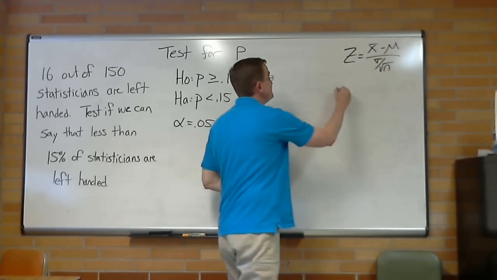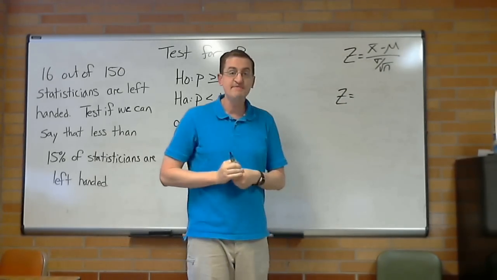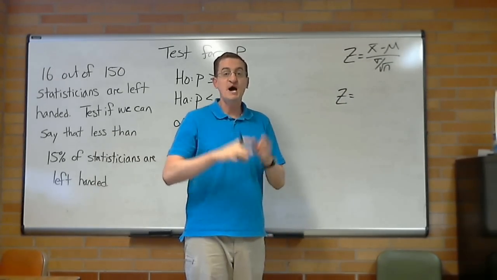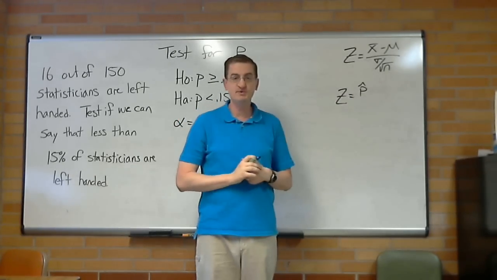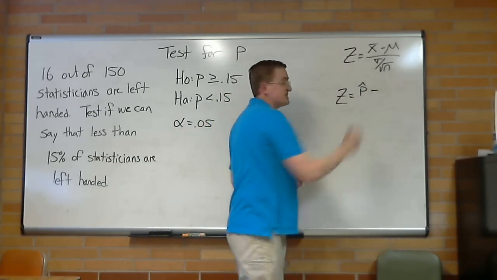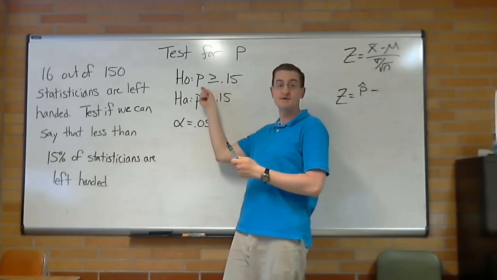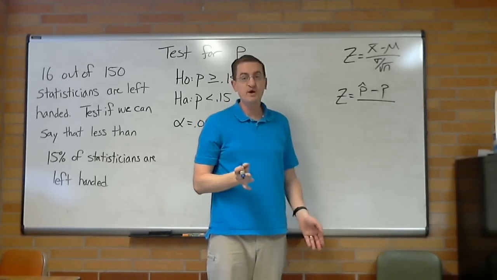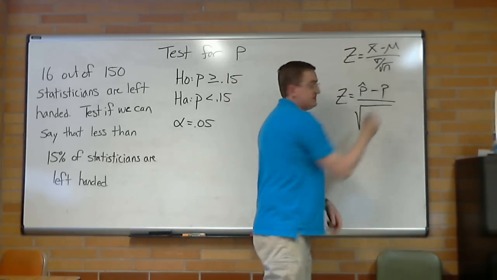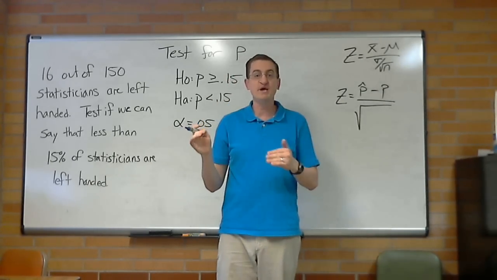Well, it's still going to be Z. But now, instead of x bar, we're talking about our proportion from the data. That's p hat is what we use right there. And we're going to subtract the parameter, which we think is p. And we're going to divide by the square root of p times 1 minus p over n. But which p?